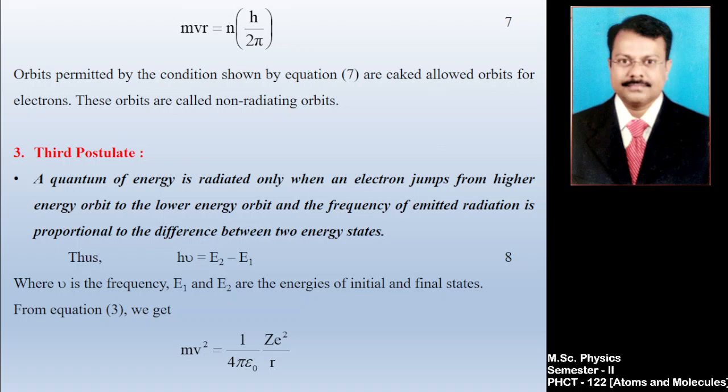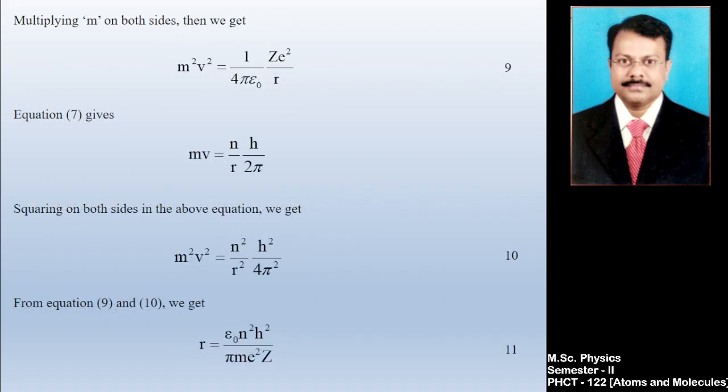Multiplying by m on both sides of the above equation, we get m square v square is equal to 1 upon 4 pi epsilon naught into ze square upon r.